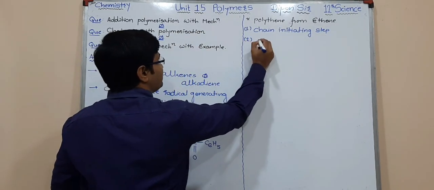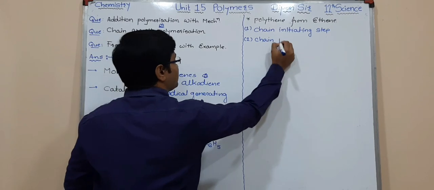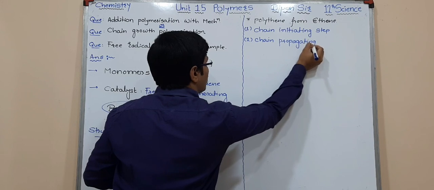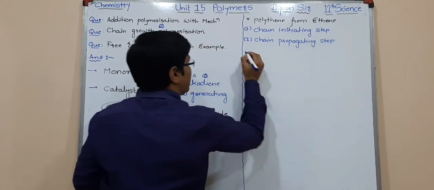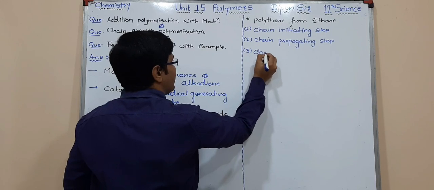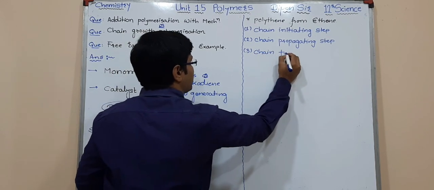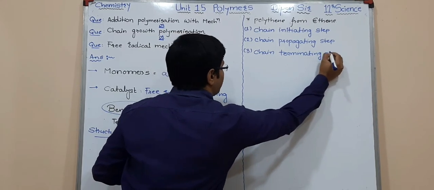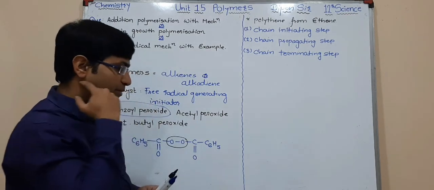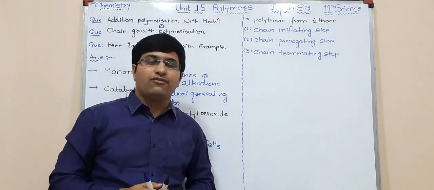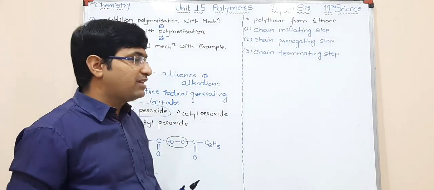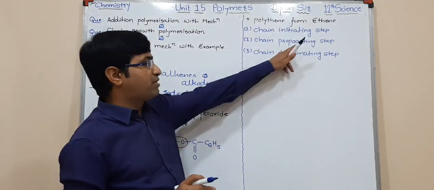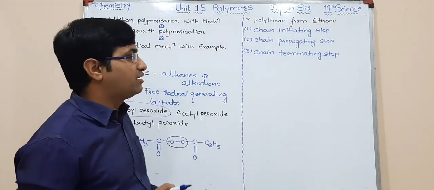Second step is the chain propagating step. And third one is the chain terminating step. So the formation of polythene from ethene takes place via 3 steps: a chain initiating step, a chain propagating step, and a chain terminating step.